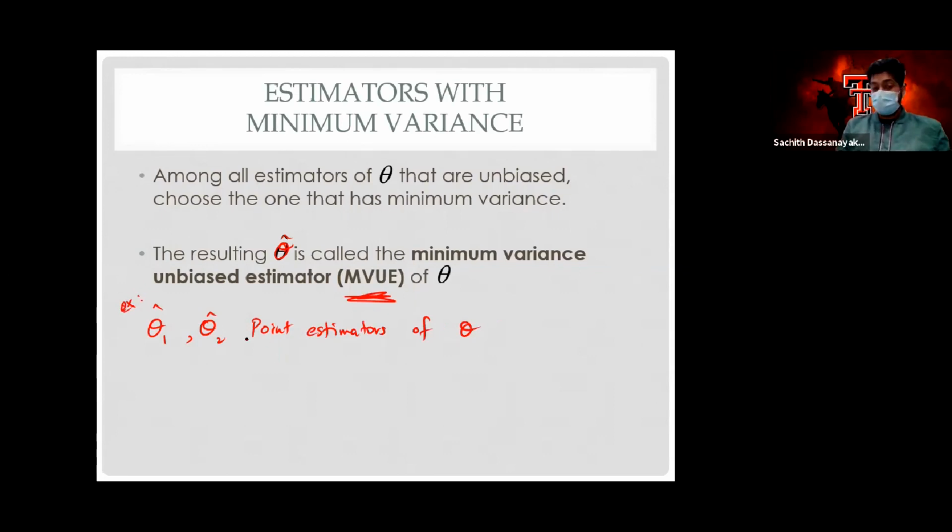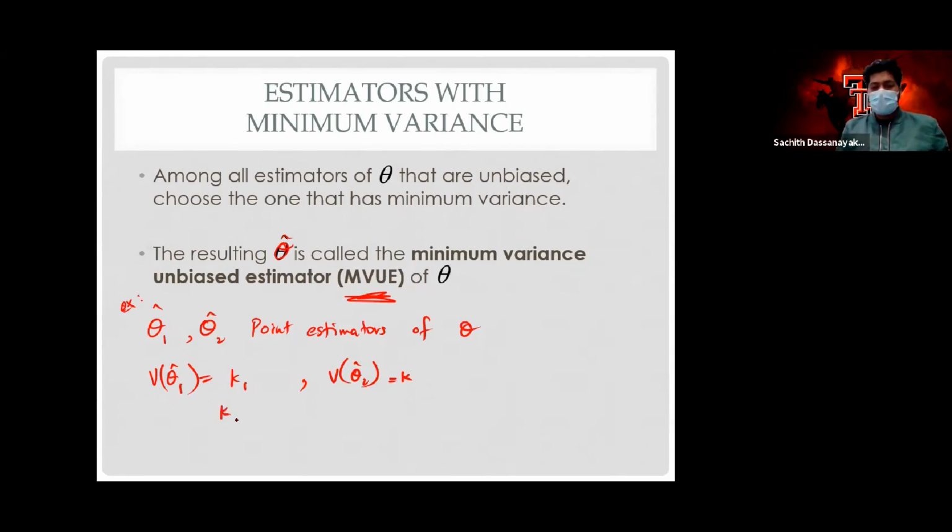Once you check the variance of theta 1 hat, let's say it is k1, and the variance of theta 2 hat is k2. Just check the variance, that's enough. You can take the difference or you can check the variance as it is, that's fine.